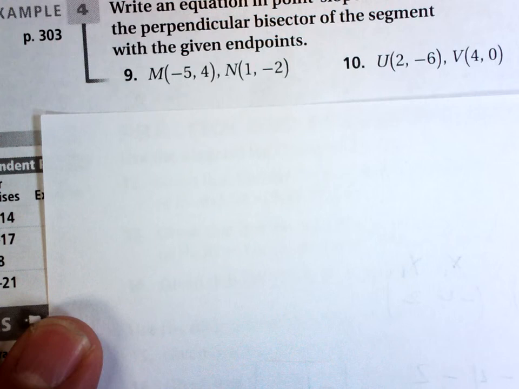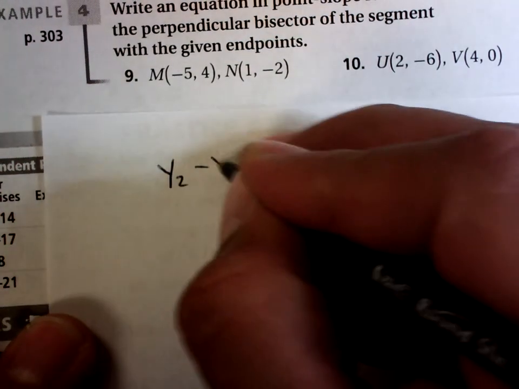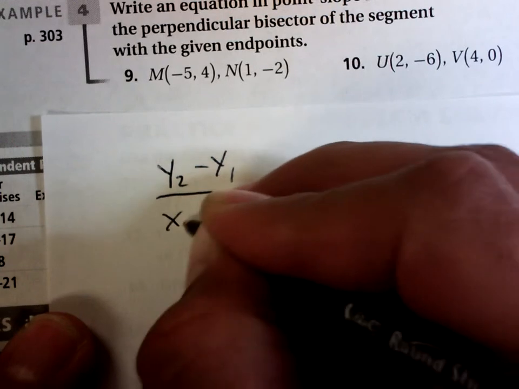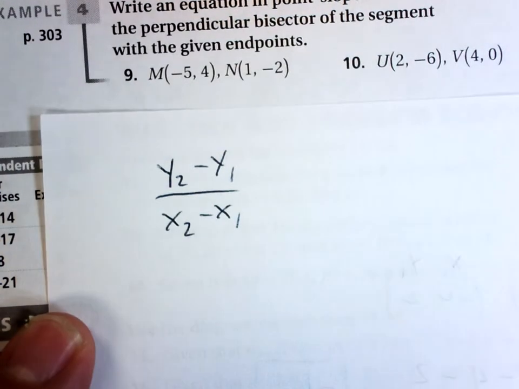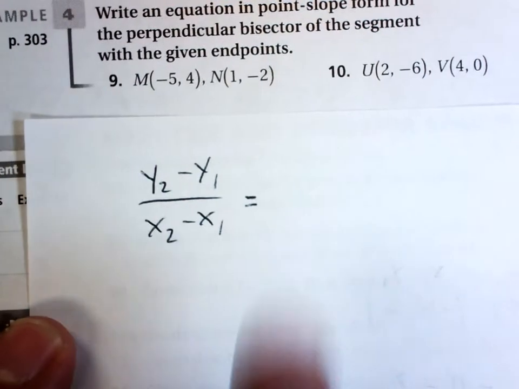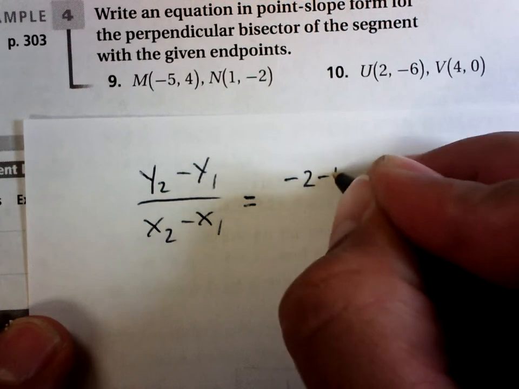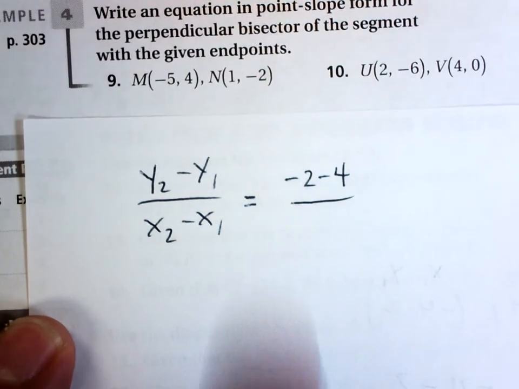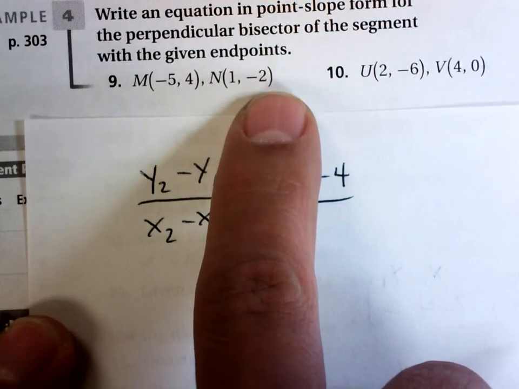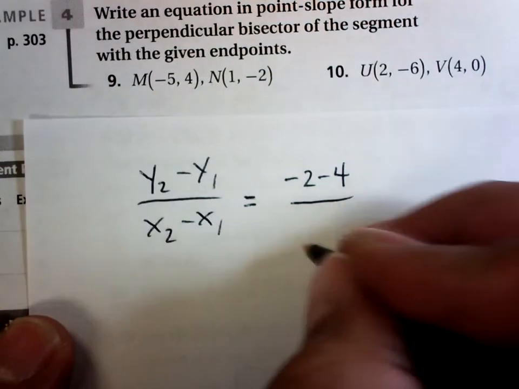So I used the same slope formula that I gave you on the other video, which is y2 minus y1 over x2 minus x1. So now I plug in. I have negative 2 minus 4 over 1 minus negative 5.